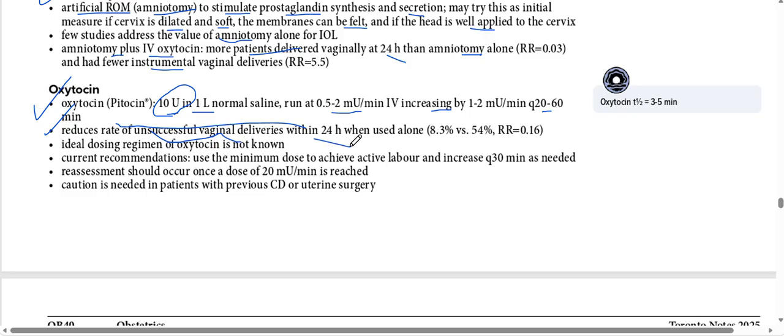So if we give oxytocin, this will reduce the risk of unsuccessful vaginal delivery, and vaginal deliveries will be possible and successful.